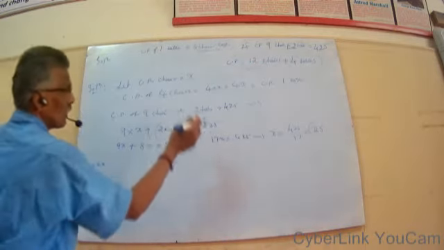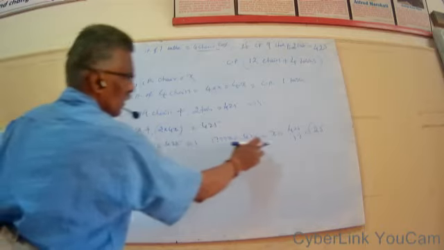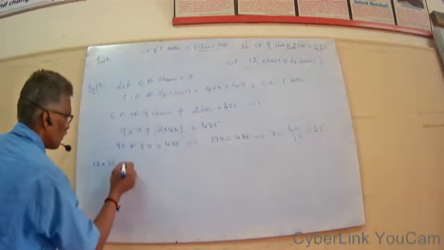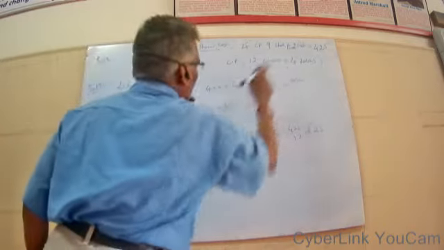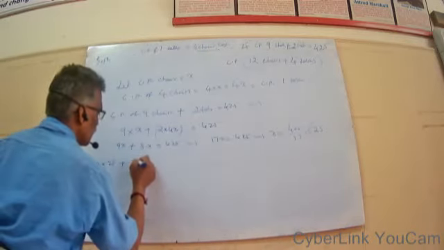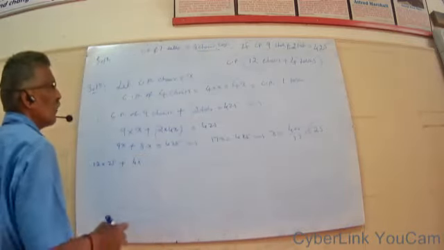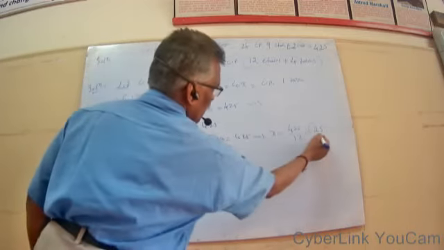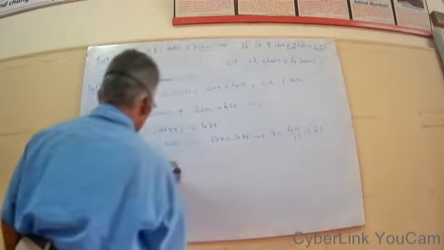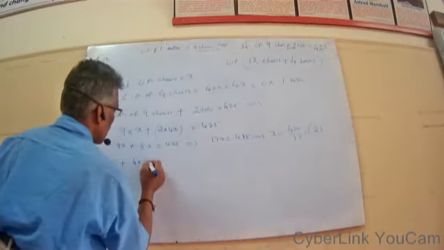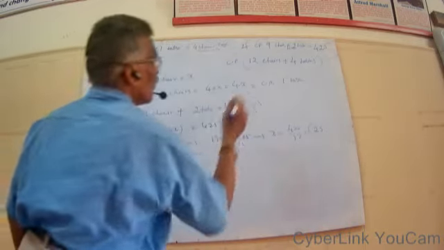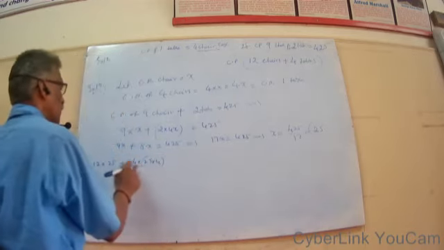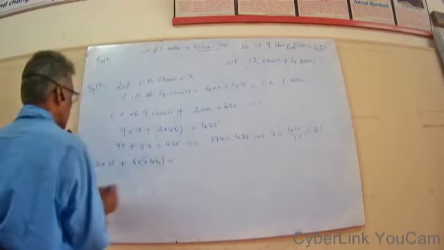The chair price is x, x equal to 25. So 12 into 25 plus 4 tables. 4 tables means 4 into 4x, that is 25 into 4 into 4.